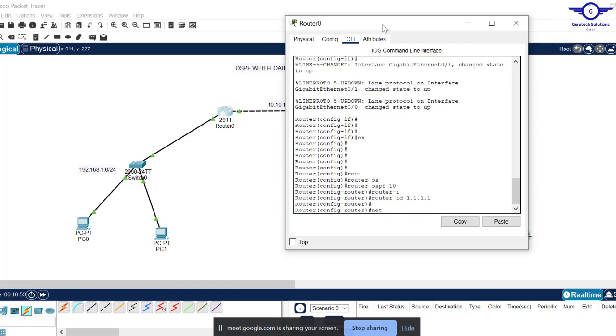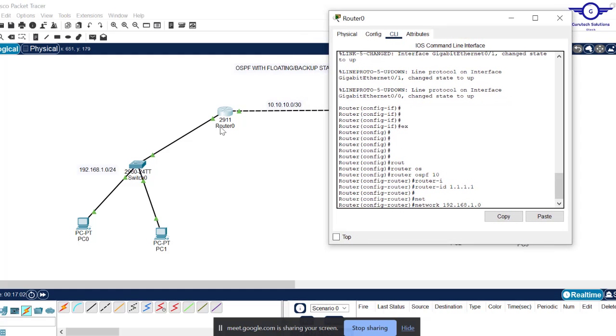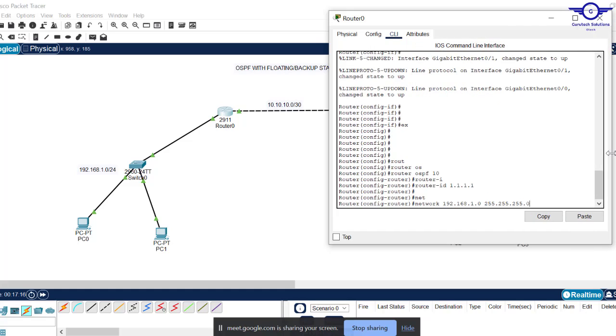So you just advertise the networks: 192.168.1.0. You only advertise the networks that are directly connected to it. This router, this network, and this network. So with subnet mask 255.255.255.0. Then, as we said earlier, in OSPF there's a concept of areas.